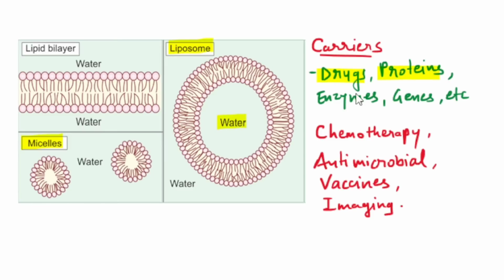Drugs, proteins, enzymes, genes, etc. may be encapsulated by the liposomes, which could act as a carrier for these substances to target organs. They exhibit superior pharmacological properties also. Liposomes can be used in cancer chemotherapy, antimicrobial therapy, delivery of vaccines, and diagnostic imaging.